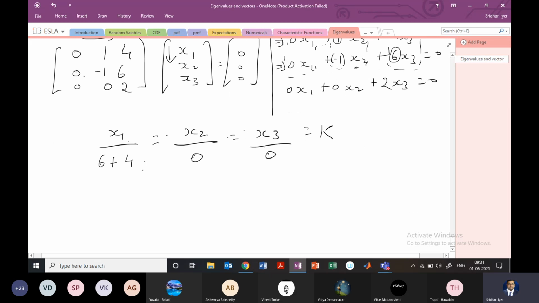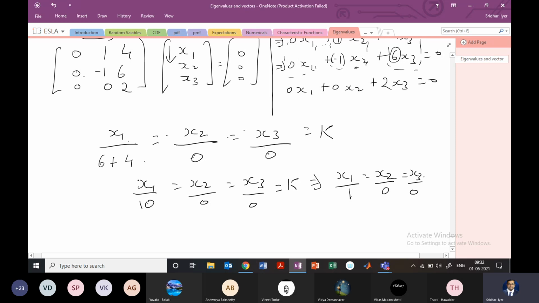So what we'll get is x1 by 10 equal to x2 by 0 equal to x3 by 0 equal to k. I'll rewrite this as x1 by 1 equal to x2 by 0 equal to x3 by 0 equal to some k2, where k2 is 10k.